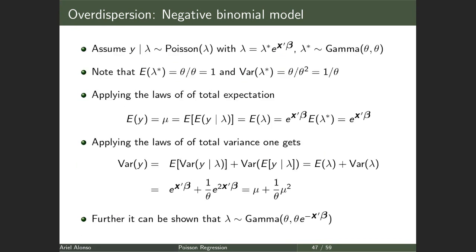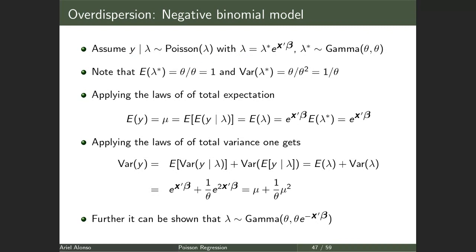Okay. Now let's introduce the negative binomial model. Suppose that you have the classical Poisson model. So you have a random variable y that follows a Poisson distribution with mean lambda. Typically in the Poisson model, you assume that lambda is equal to this part over here, the exponent of the linear predictor. Now we are going to assume something different.